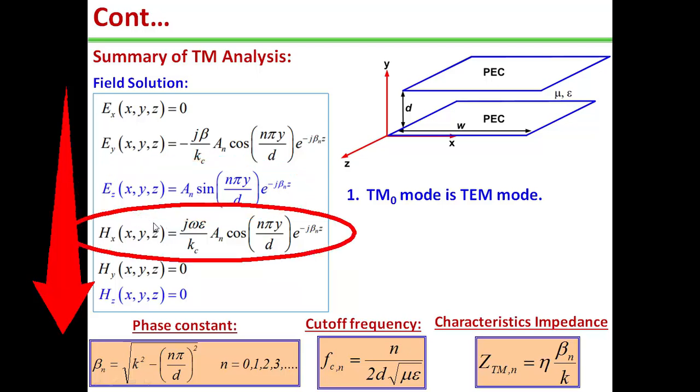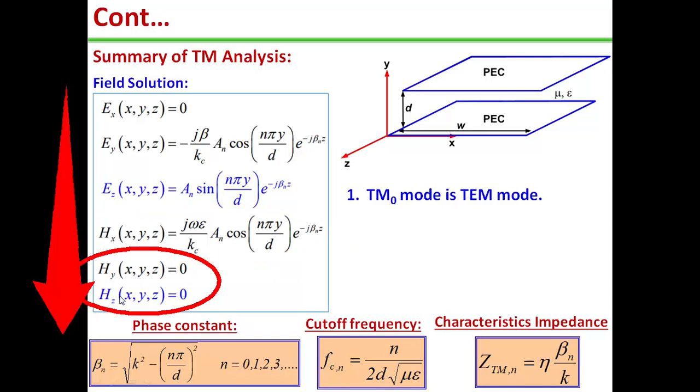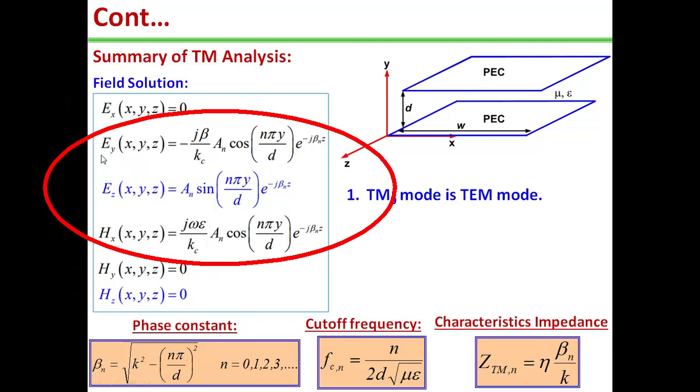We have also calculated the magnetic field components and found Hx as j omega epsilon divided by kc an cos n pi y by d e to the power minus j beta z. The Hy and Hz components are 0, so we will only have Ey, Ez and Hx components for the TM mode.